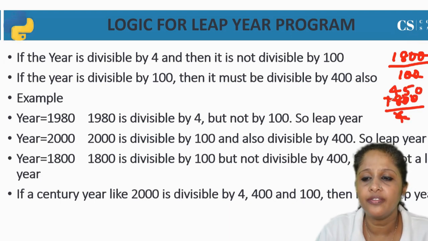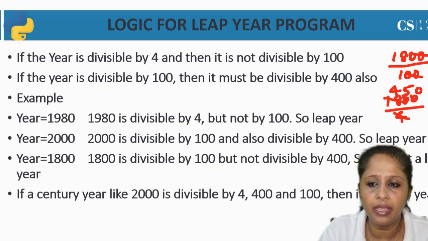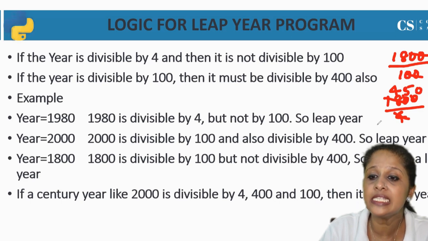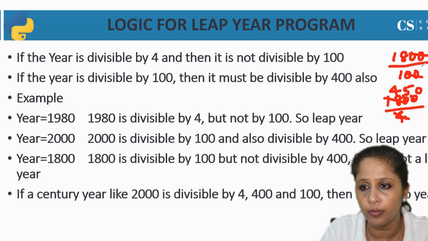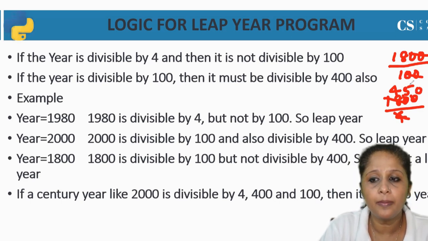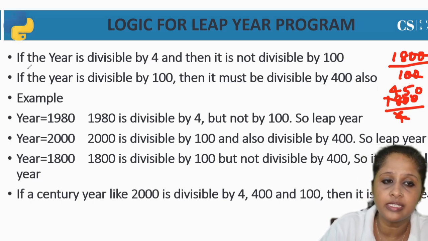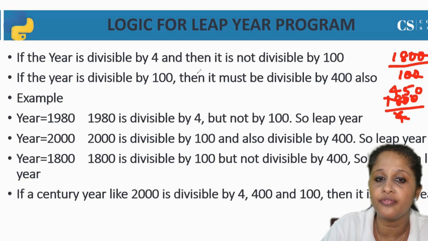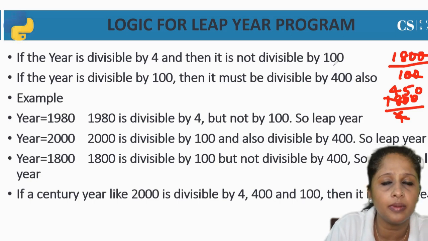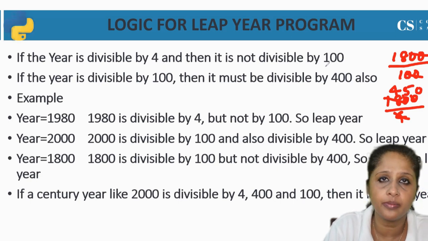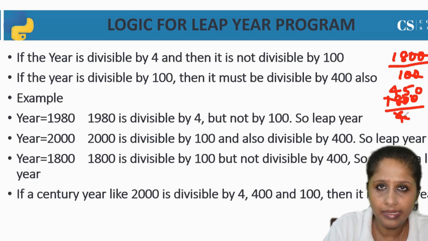If you divide 1800 by 4, you will get 450. That means it is completely divisible by 4. Here the year is divisible by 4 as well as 100. So according to the first condition, if the year is divisible by 4, then it should not be divisible by 100. So it should not be a leap year.